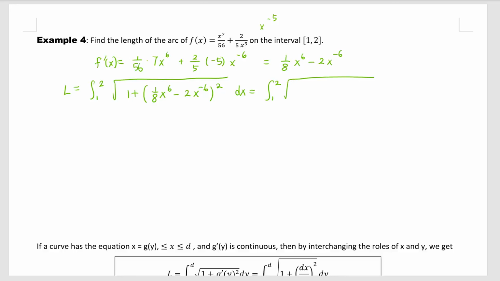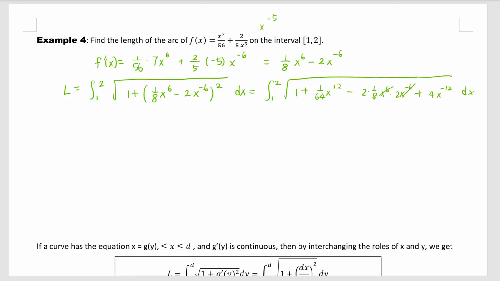Alright. Okay, so when we square it, first we have to square, so 1 over 64, x to the 6 times 2, 12, minus 2 times 1 over 8, x to the 6, 2 times x to the minus 6, plus 2 squared, 4, x to the minus 12.